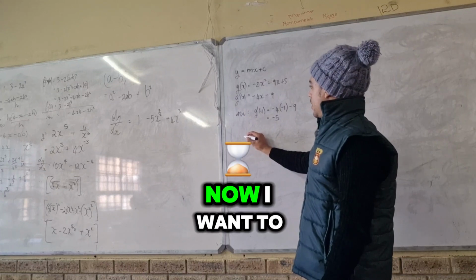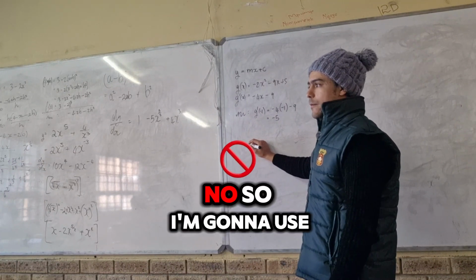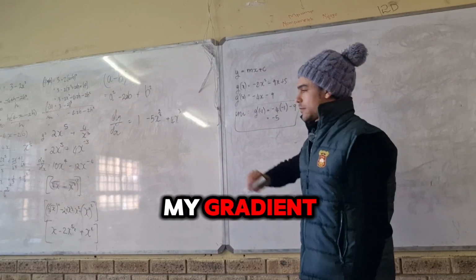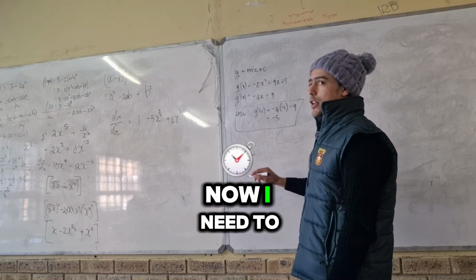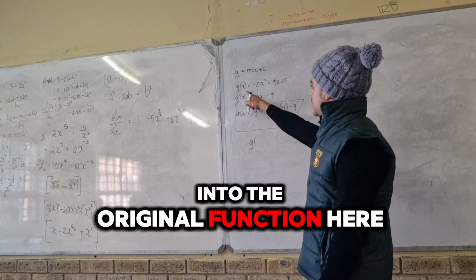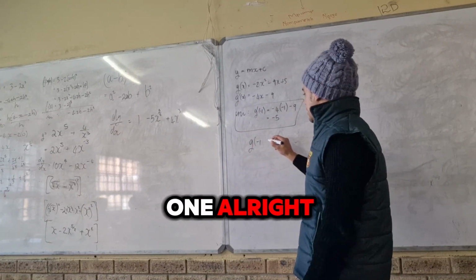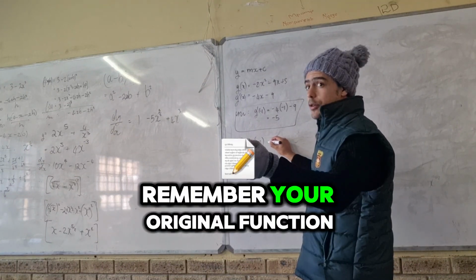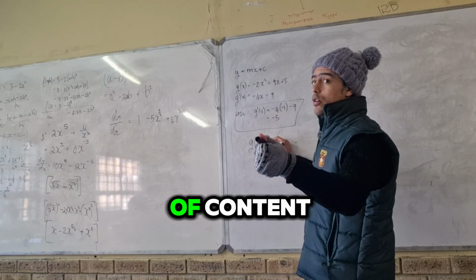Now I want to determine the point of contact. I have my gradient, my m value. Now I need a point that I can substitute. So I substitute -1 into the original function, because we want the point of contact.